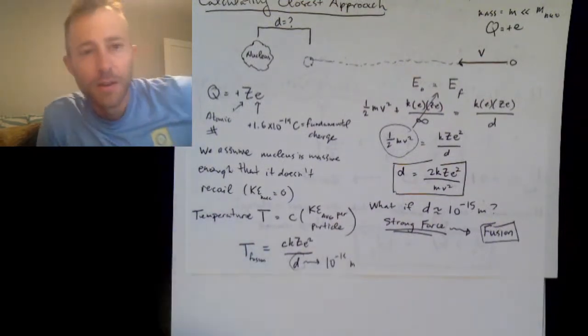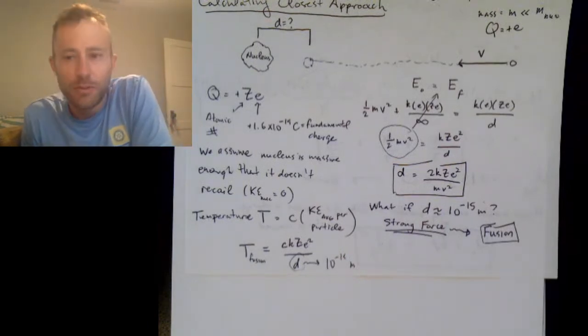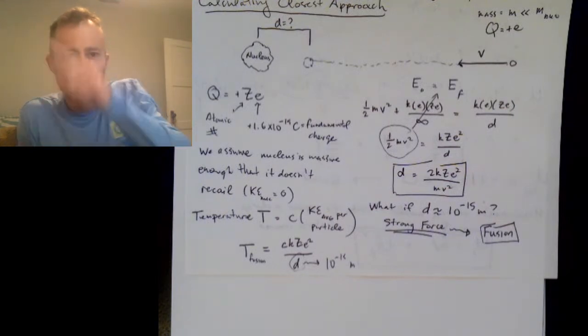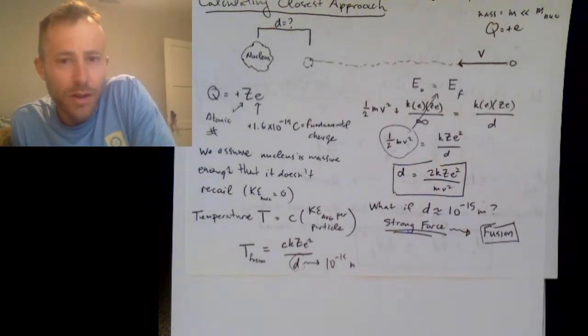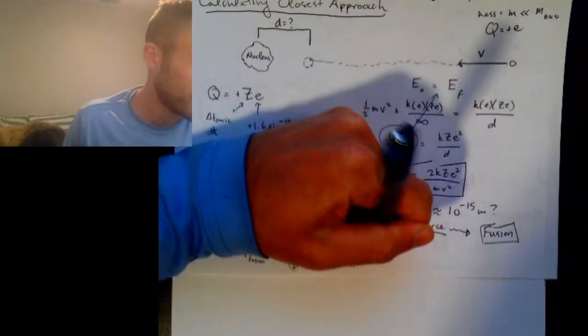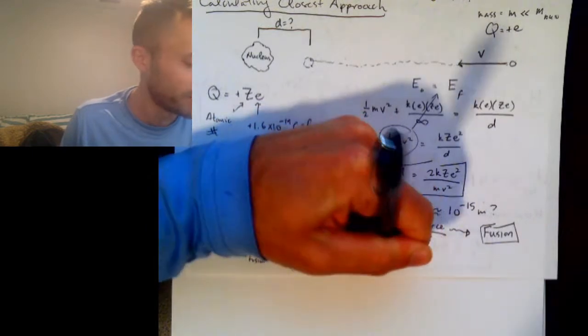Okay, but there is one more subtlety here, which is the following. I believe when I talked about potential energy graphs, we talked about tunneling. So this temperature is too big.